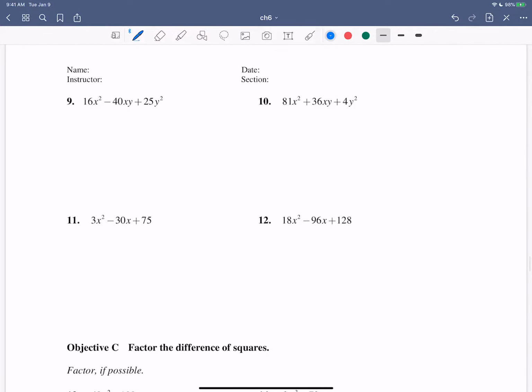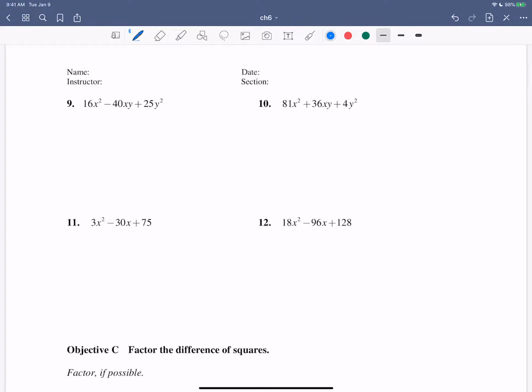Number 9, 16x squared minus 40xy plus 25y squared. Same idea, figure out a and b. 16x squared, you could rewrite this as 4x squared. Therefore, a is 4x. 25y squared, you could rewrite this as 5y squared.